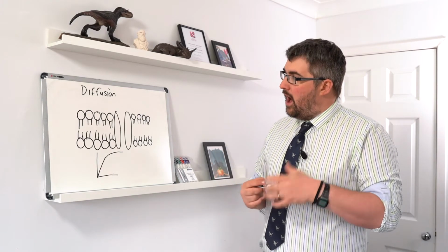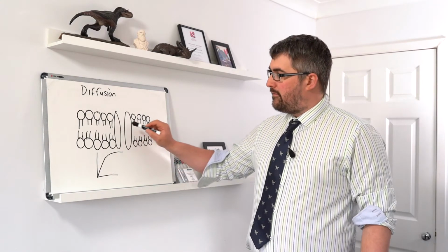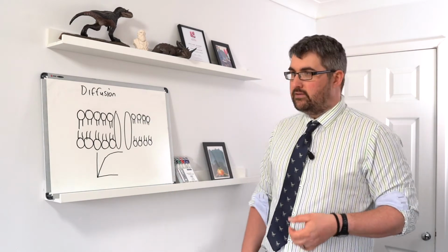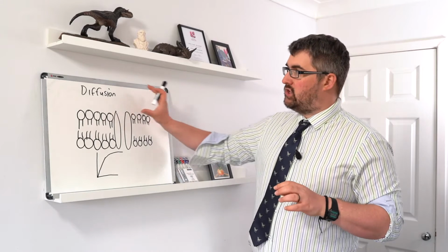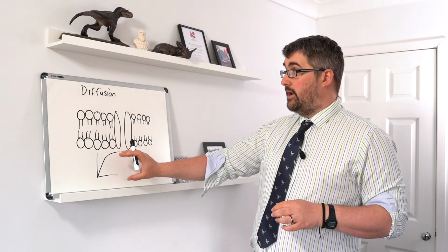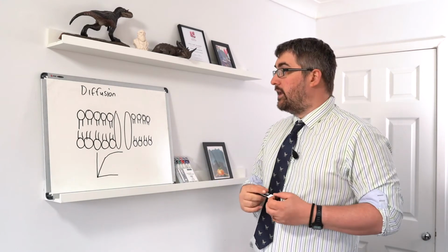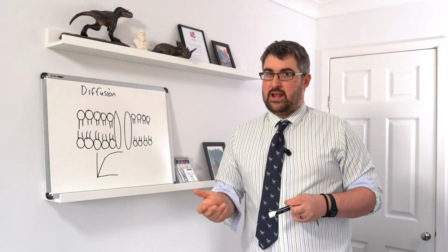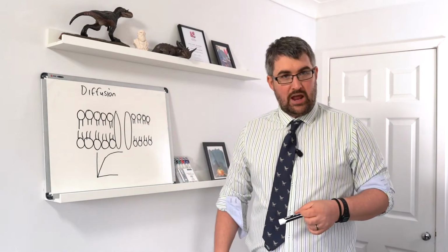Another thing to remember here is that you're only going to have a finite number of these channel proteins within your cell surface membranes. Even though I might have a very high concentration outside and a lower concentration inside, i.e. a very steep concentration gradient, there will be a limitation to the amount of uptake I can get because I've only got a certain number of channels.